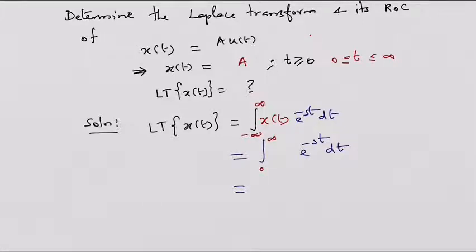That too, the signal is simply a DC line, a constant. So when you substitute into the formula, it will become a into e power minus st dt.